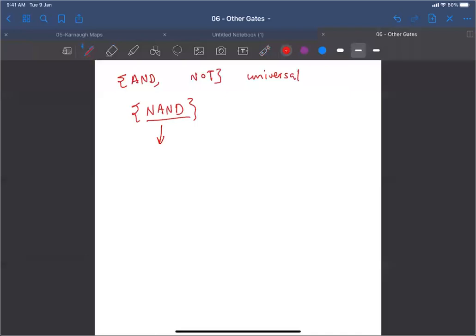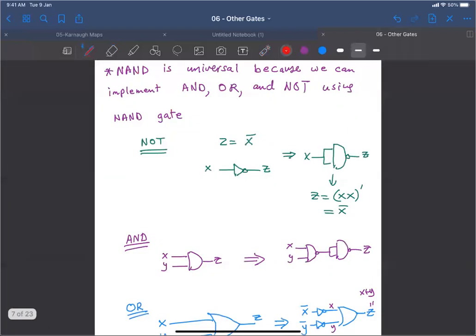So now our objective is to prove the universality of the NAND gate. Here is the first step: to show that we can implement the NOT using the NAND gate.